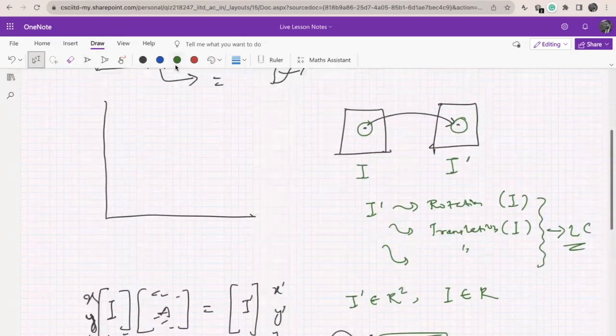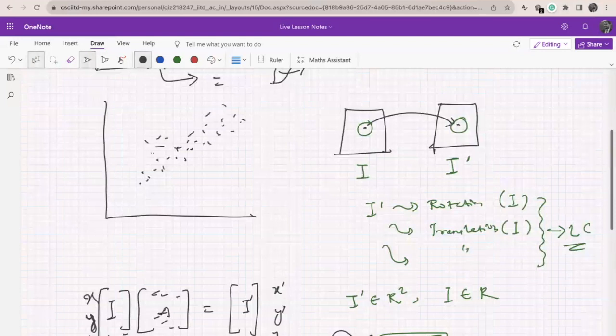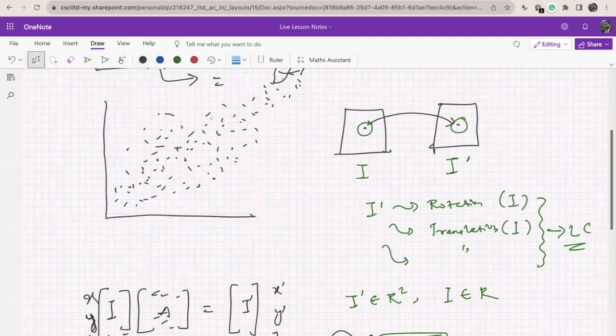For that, we first plot all our XY combinations. Then we try to fit a line in here. So this is the case where we try to fit a line inside our data points.